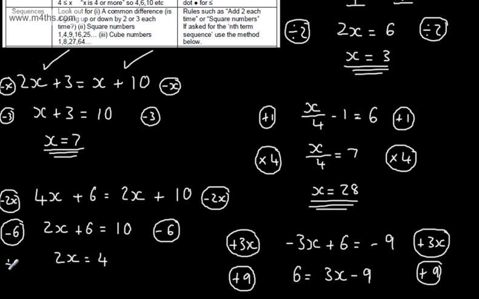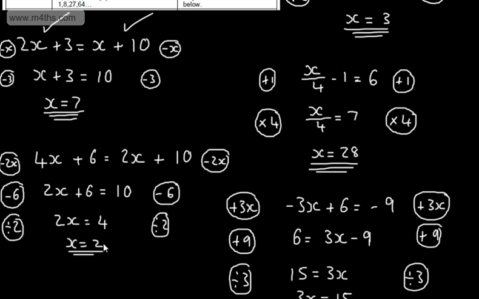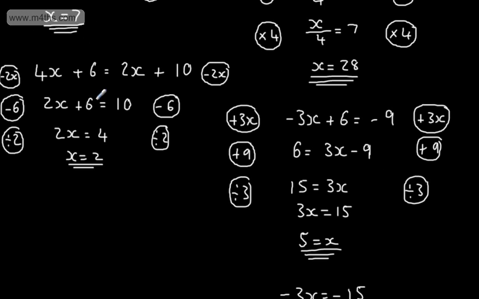I'm now going to divide both sides of the equation by 2 to find the value of 1x. That is what we set out to do, and we can see that x is going to be equal to 2. So that gives me my final answer. x is equal to 2, and we've done this step by step. Often you'll be awarded 2 to 3 marks, and you will need to show workings.